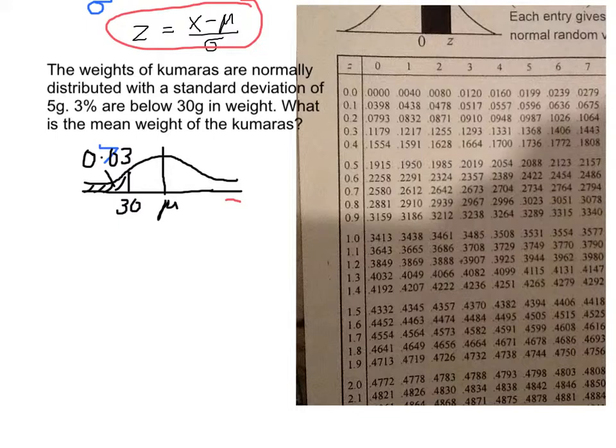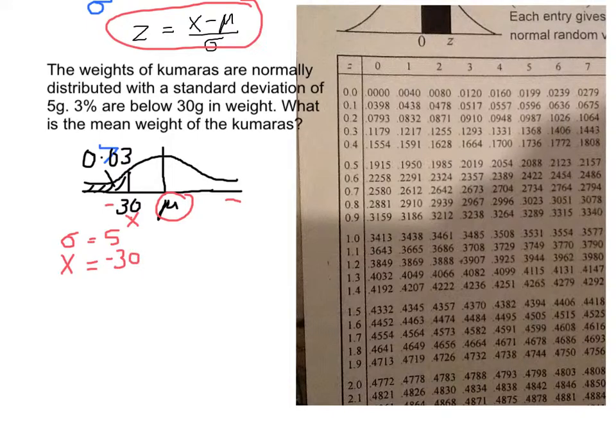In this problem, I know my standard deviation equals 5, and I'm trying to find the mean. My x value will be the 30. X equals, actually it's a negative 30 this side.